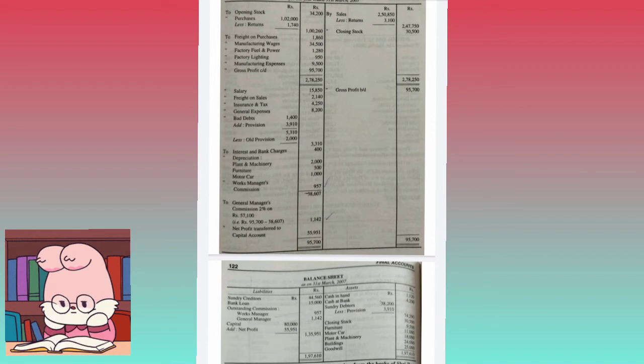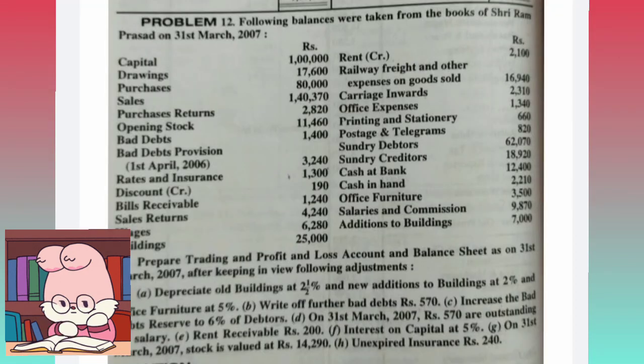So let's continue with problem number 12. Okay, so what they have given is following balances were taken from the books of Sri Ram Prasad on 31st March 2007. Capital 1 lakh, drawing 17,600, purchases 80,000.